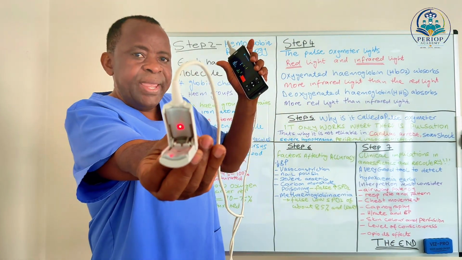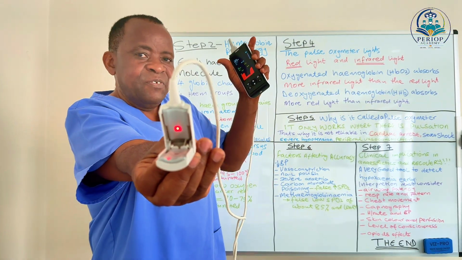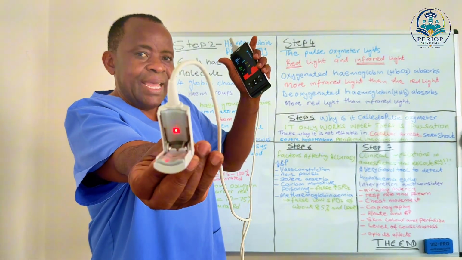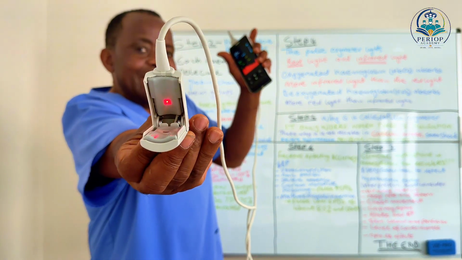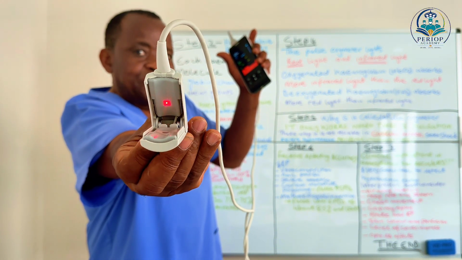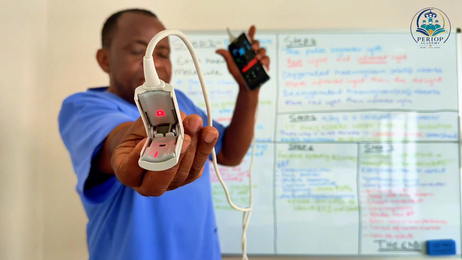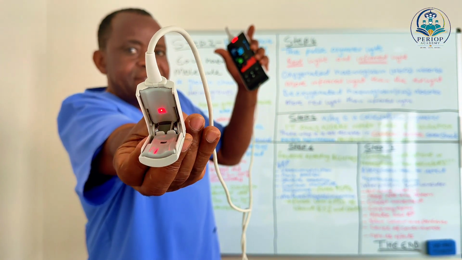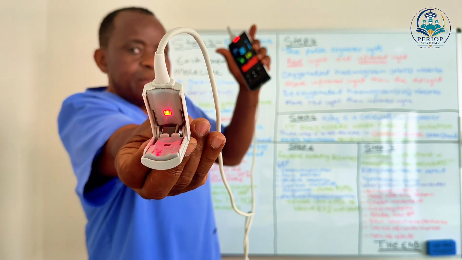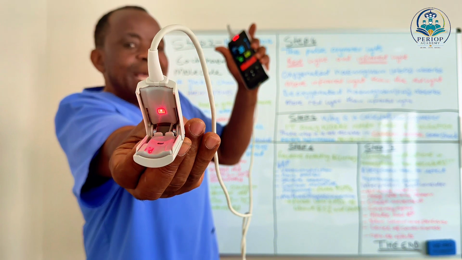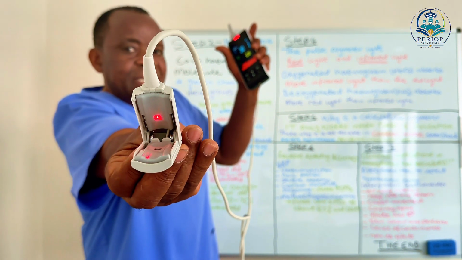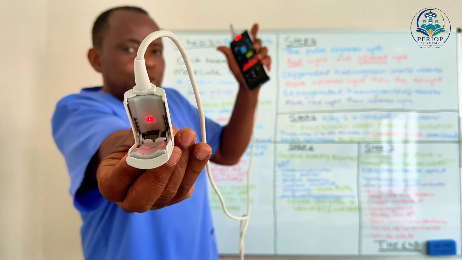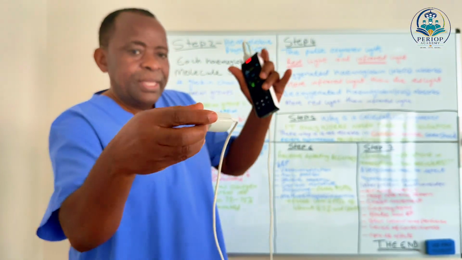So we have the infrared light and the red light, but at the moment you can only see the red light, and at the bottom we have the receiver of that light as it is being transmitted from the top down, as you will see shortly.